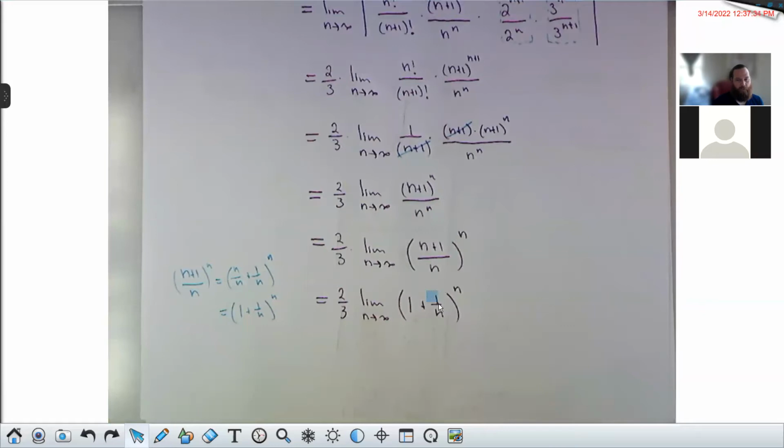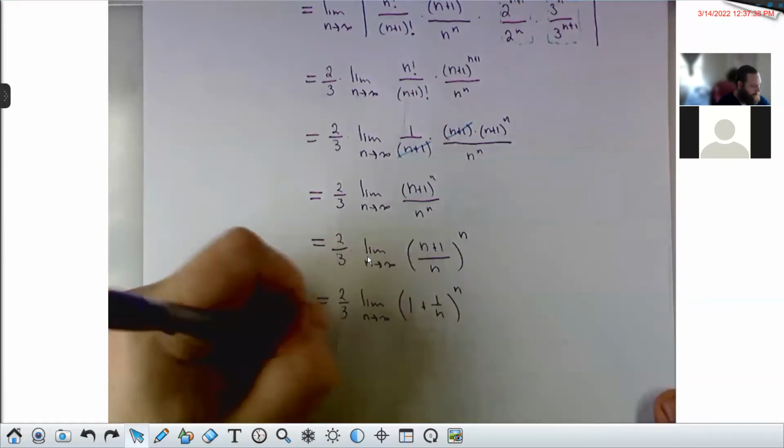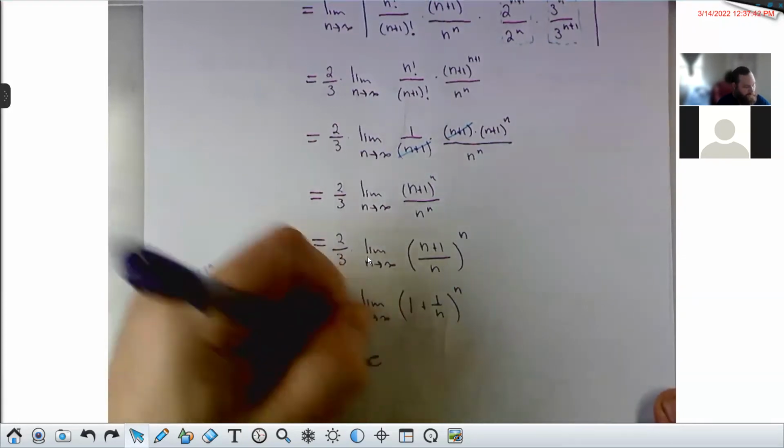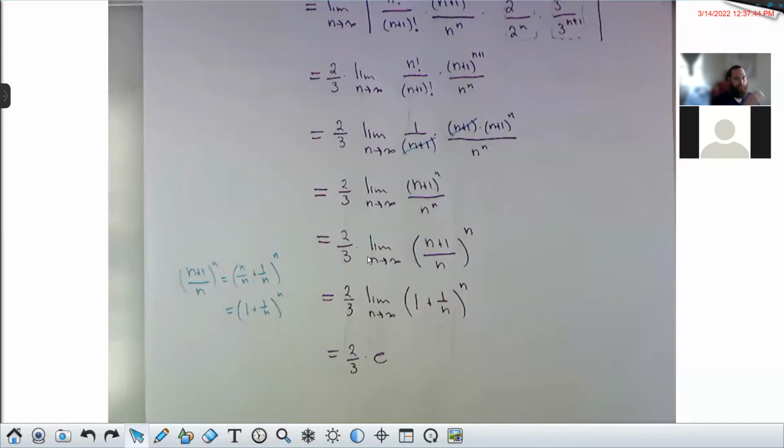Right? This is e to the 1 times 1. So I get 2/3 times e. And the question is, is that bigger or smaller than 1? Well, e is like 2.7.